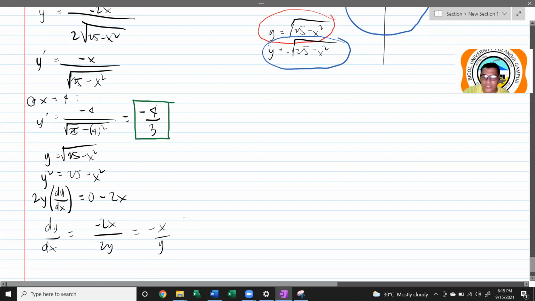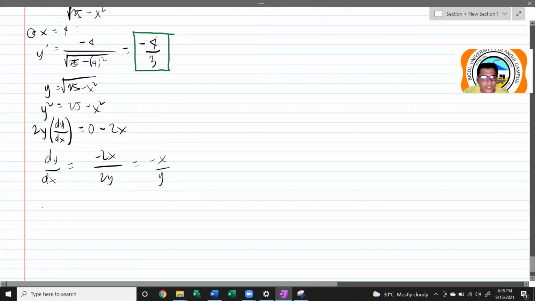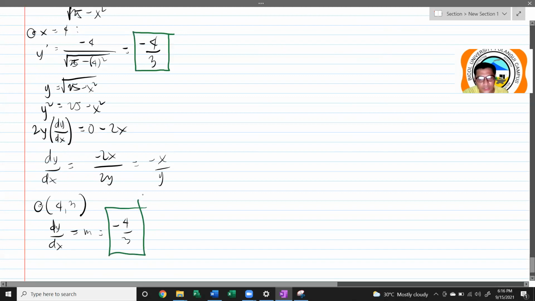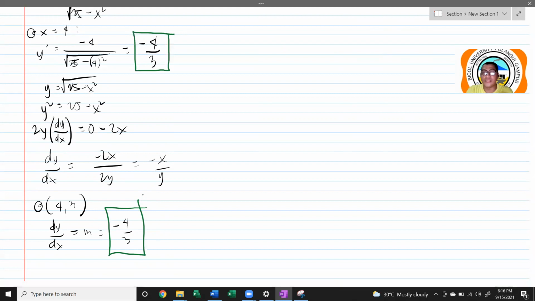And what is our given point? Our given point is (4, 3). So our derivative, which is equal to the slope, is equal to negative 4 thirds, which is the same as the previous answer. So that's how we use the formulas for the derivative of algebraic functions.